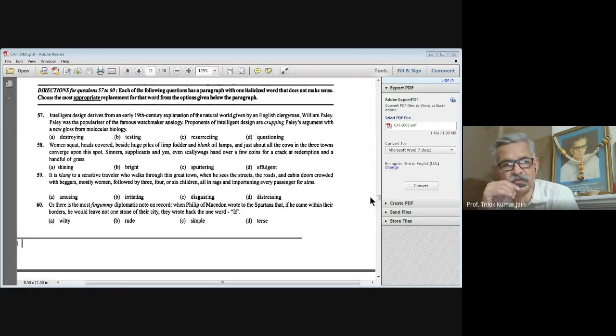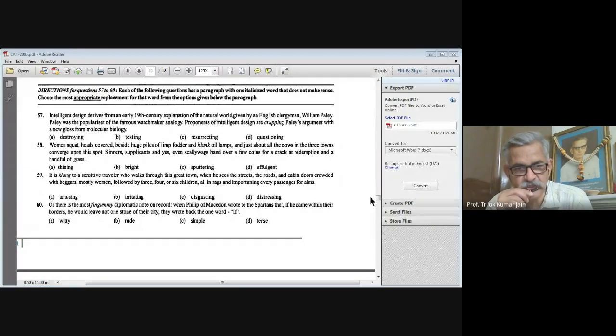Anyway, these kinds of questions are very difficult because all the options are almost similar. Amusing cannot come, but the other three options are similar: irritating, disgusting, distressing. So it is distressing to a sensitive traveler who walks through this great town when he sees the streets, the roads, and the cabin doors crowded with beggars, mostly women, followed by 3, 4, 6 children, all in rags and importuning every passenger for alms.